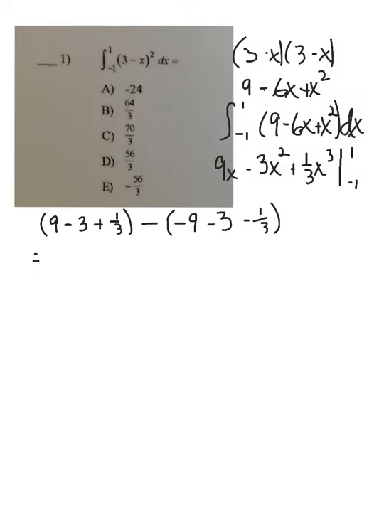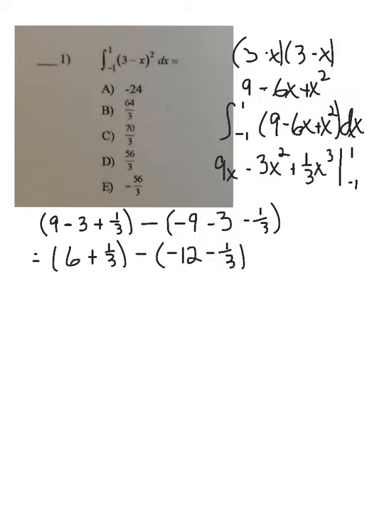So I'm going to do a little bit of simplifying here. In the parentheses, I'll write 6 because 9 minus 3, plus 1/3, minus, and then in the second set of parentheses, I've got negative 12 minus 1/3. And then at that point, I'm going to distribute this negative through.